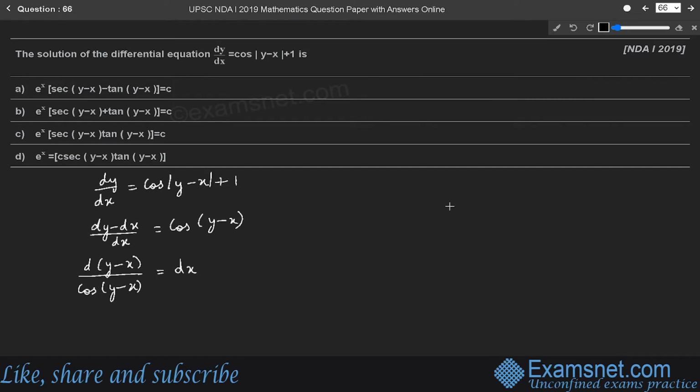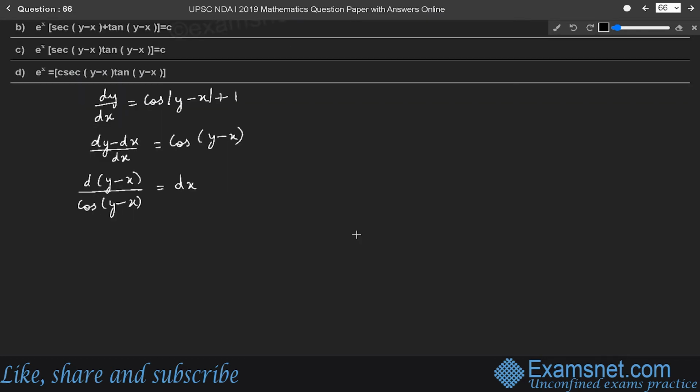Now integrating both the sides, it will be equal to integration of sec(y minus x), because 1 by cos is sec, into d(y minus x) is equal to integration of dx.